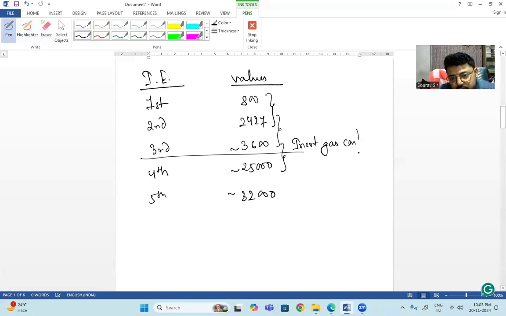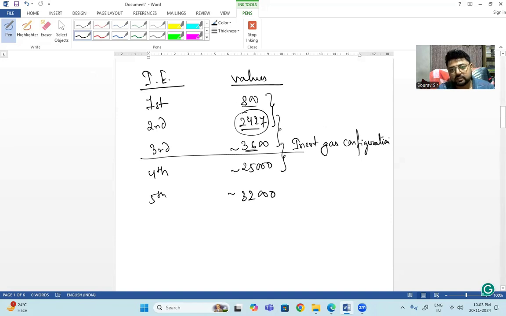Understood? Likewise, as here the difference is about 1600 and here it is 1200, you can say that there is also some extra stability during the removal of the second electron. The element is facing some difficulty, or it has to take much more energy, double this energy, 800 plus 800 is 1600.